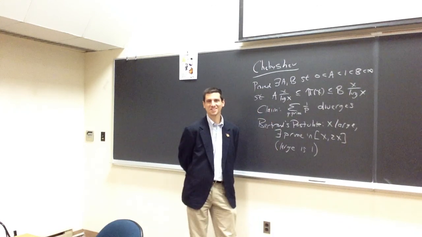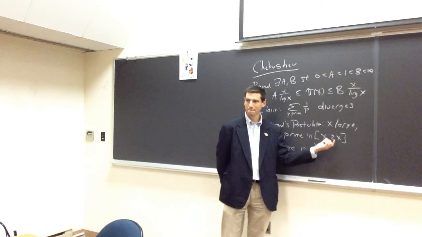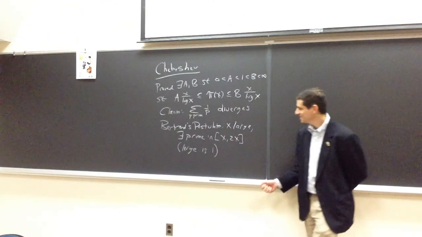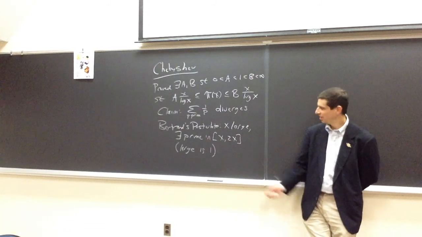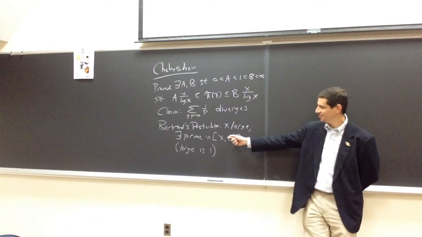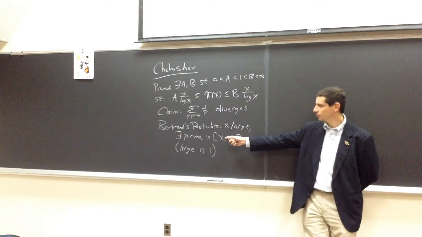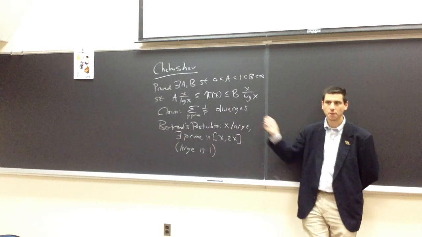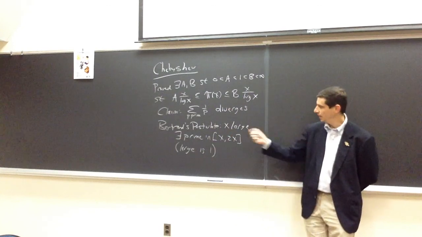So as long as x is at least 1, there's a prime between x and 2x. It's always 1 or 2. Sometimes it's 3, but I mean 3 is huge, exactly. So if x is 1, this is going from 1 to 2. As long as x is less than 2, I include the prime 2. Once x hits 2, I still have that prime 2. So there's always a prime between x and 2x.